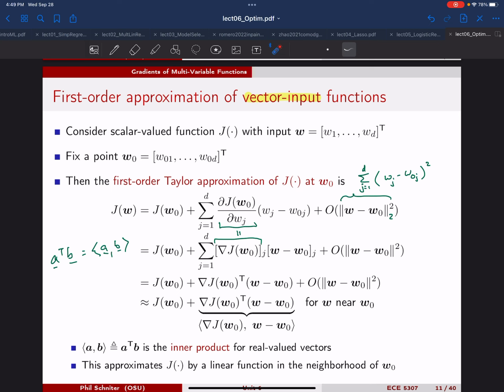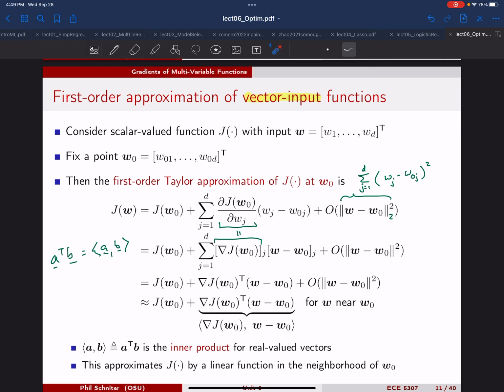Now, the exact form of the inner product does depend on what kind of vectors we're dealing with. So here we're dealing with real valued vectors, and this is how it manifests. If we were instead dealing with complex valued vectors, which definitely show up in ECE, then you would actually need to change this transpose to a Hermitian transpose, conjugate transpose.